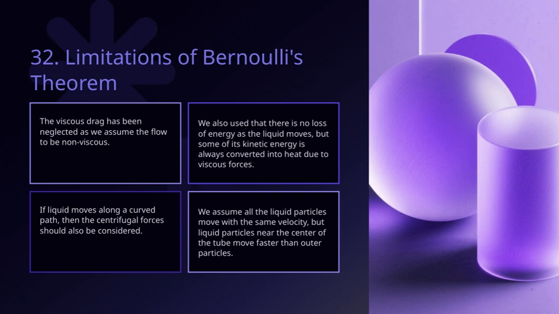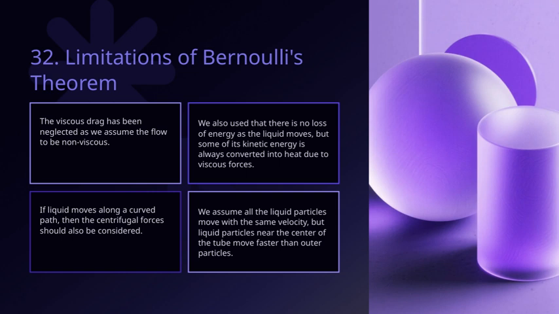This velocity variation is something to keep in mind for more detailed studies. Next, we assume that there is no energy loss as the liquid moves, meaning no energy is dissipated. But in practice, some of the kinetic energy is always converted into heat because of viscous forces within the fluid. This is an important factor when considering real-world applications.